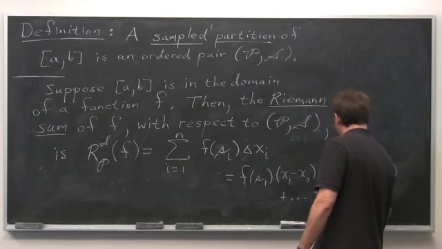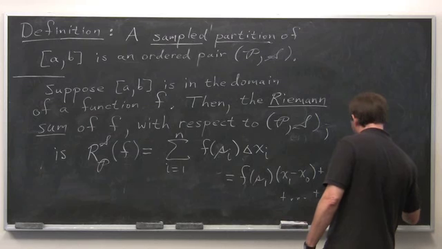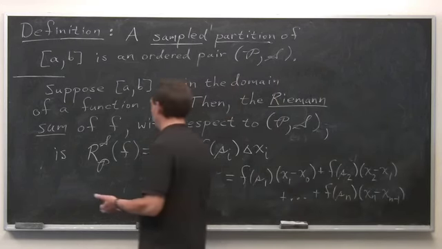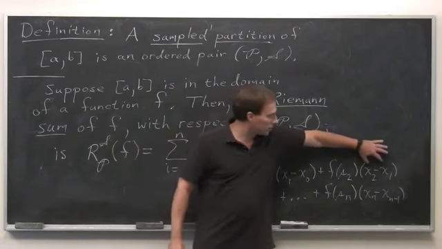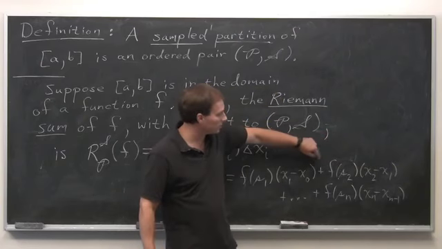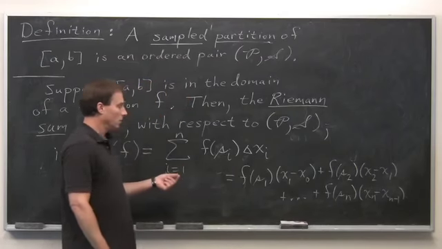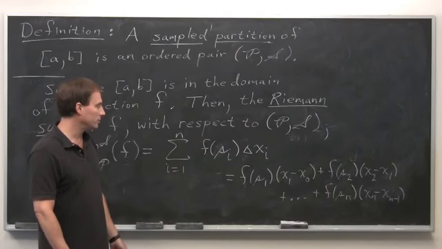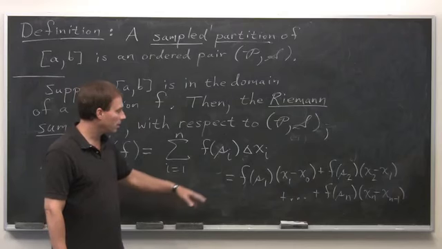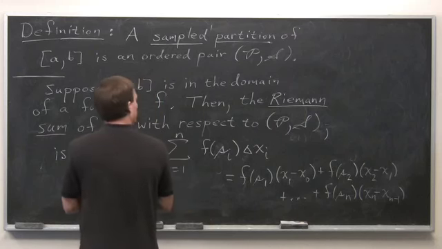This is what we did with the velocity and time. These were the endpoints of the subintervals of time that we used. The s's were actually the t1 through t4 and 5 that we used in the example, and the f was the velocity.